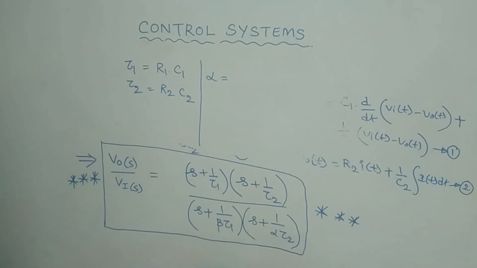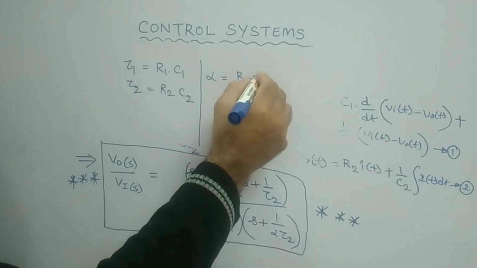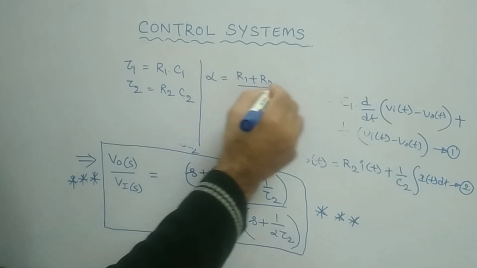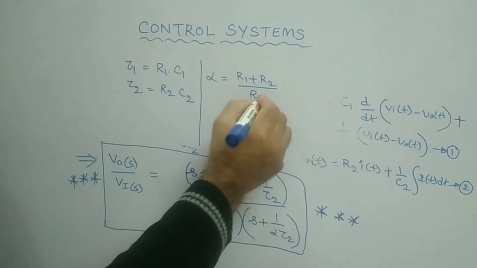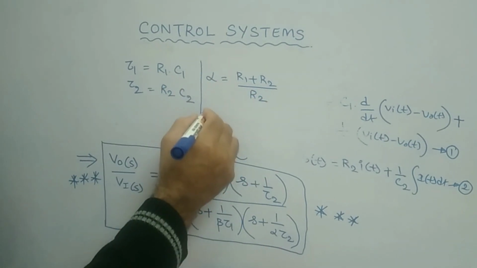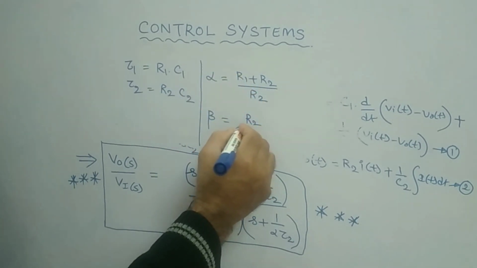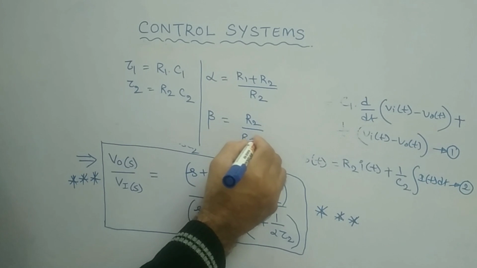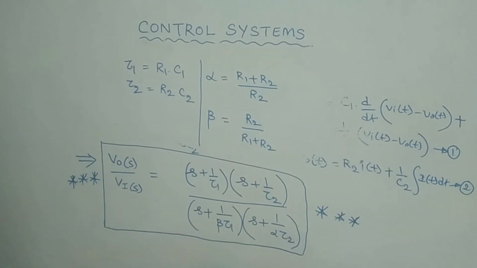Here you can see two parameters, alpha and beta. Alpha is R1 plus R2 by R2. Similarly, what is beta? Reverse actually, it is R2 by R1 plus R2. That is what your beta is, right?